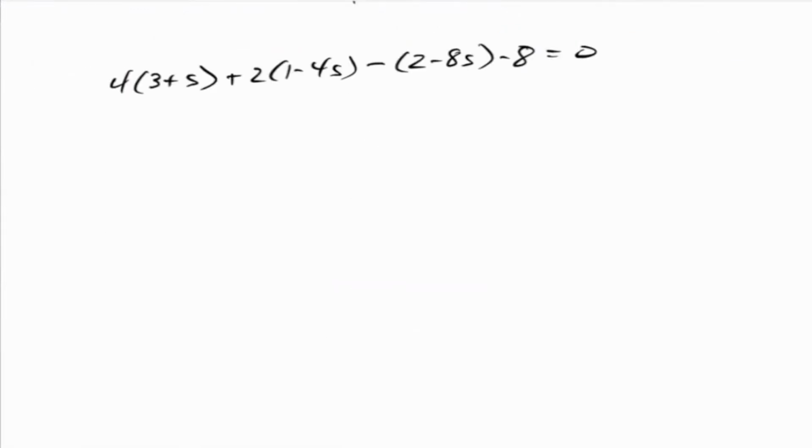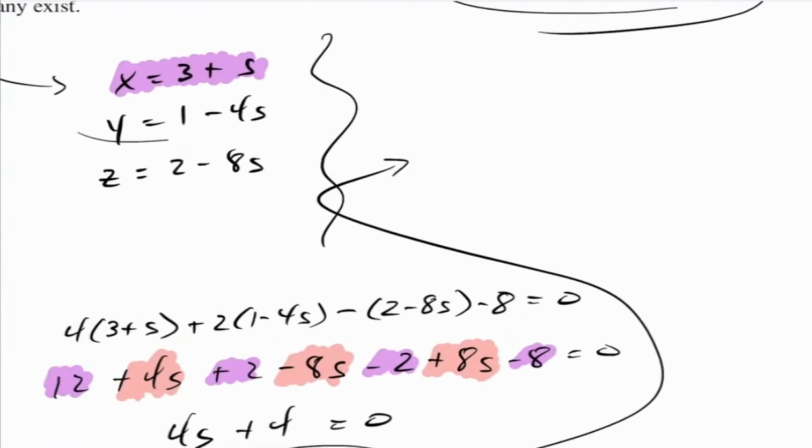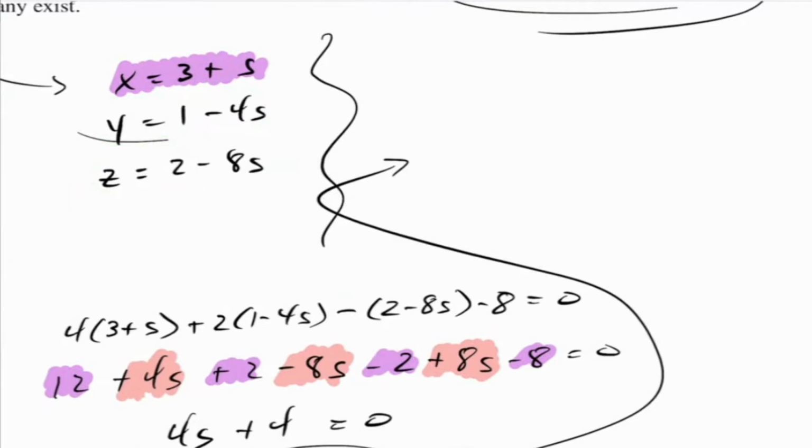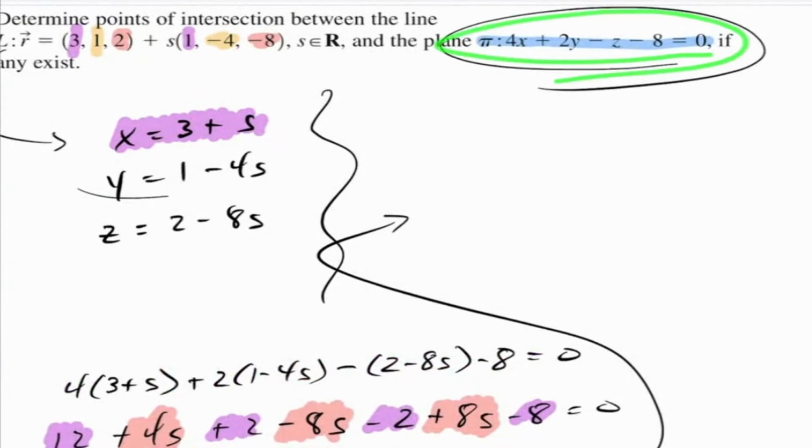Based on your value of s, that will dictate what type of solution you have. Essentially, by subbing these x, y, and z values in, we're asking for what parameter s exists such that this is 0.